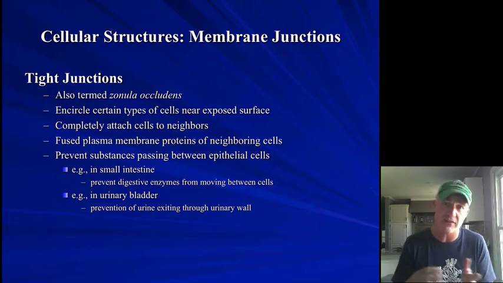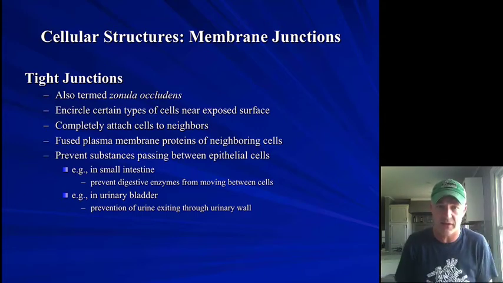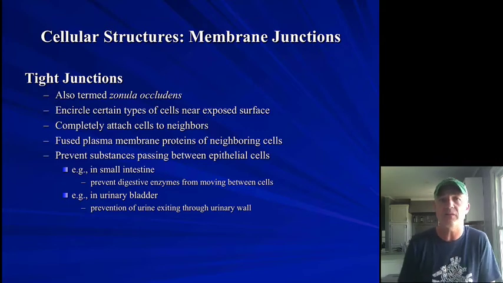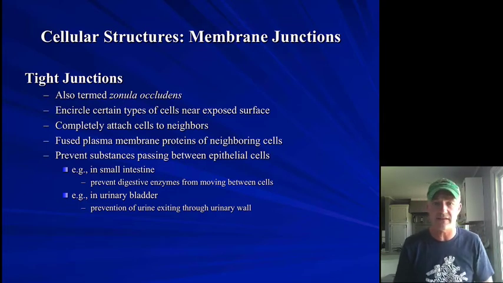What these do is help attach cells to one another. So fuse different parts of the plasma membrane together and hold it in place. Again, this makes certain cells very good at not letting stuff get in between them. Things like epithelial cells in the intestinal tract, cells in the bladder, so we don't want the urine traveling between the cells.